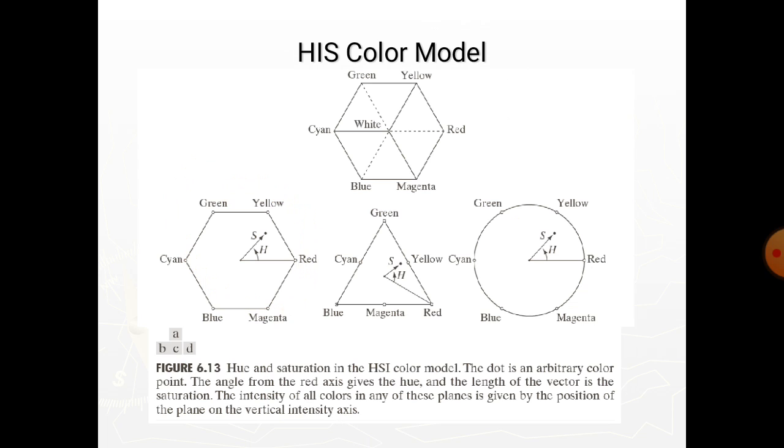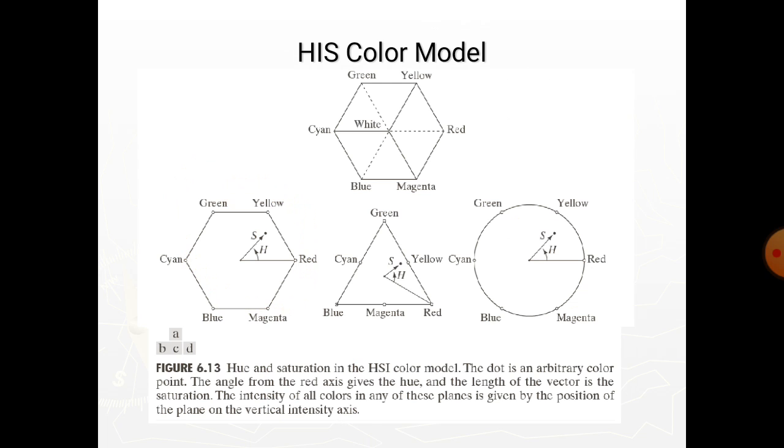This figure shows the same hexagonal shape and an arbitrary color point. The hue of the point is determined by the angle from some reference point. An angle of 0 degrees from the red axis designates 0 hue, and the hue increases counterclockwise from there. The saturation is the length of the vector from the origin point.